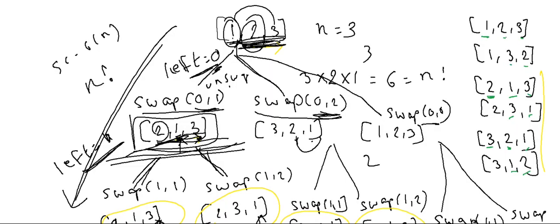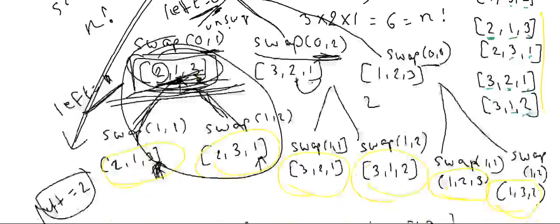Now after I am done with this recursive call, whatever is underneath, after I am done with this whole branch of the tree and I come back from that recursive call, at that point I need to unswap. I need to change this array 2, 1, 3 back to the original array 1, 2, 3. And how can I do that?